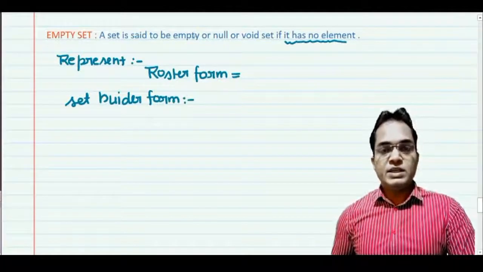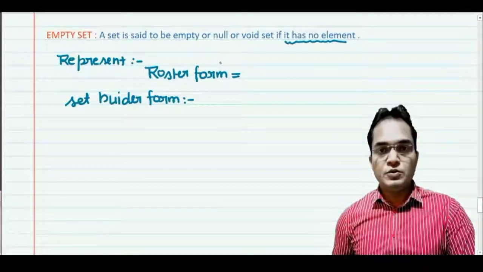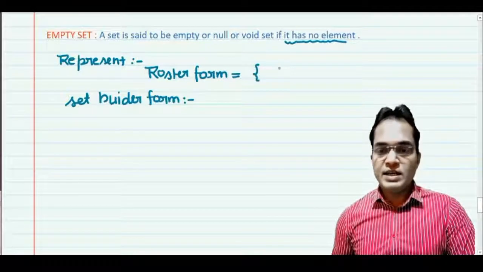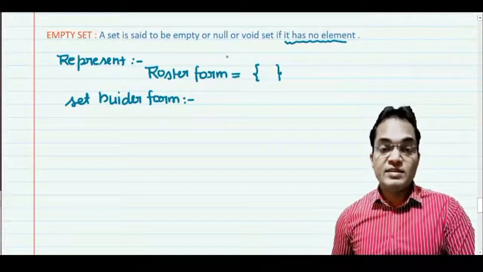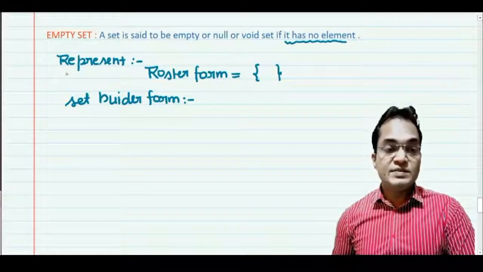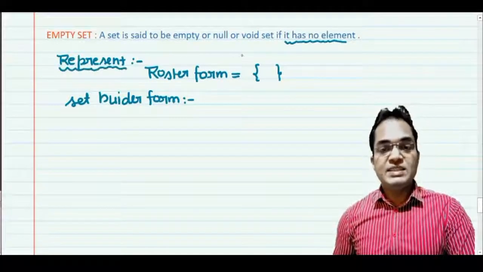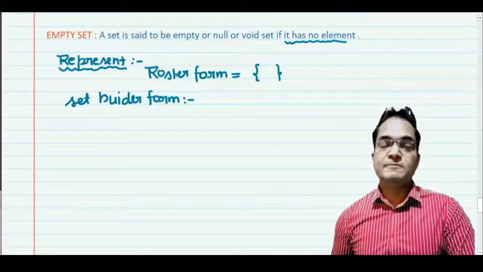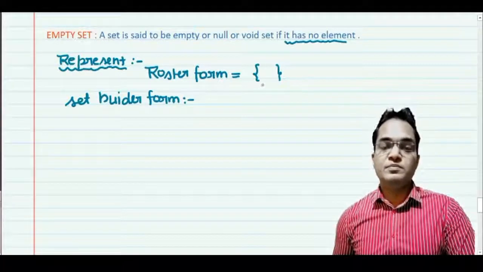First, it is confirmed that there is no element. Then how can we write the roster form? As we know, in the roster form there are curly brackets and all the elements are written separated by commas, but there is no element. Then how can we represent the empty set? The empty set is represented as it is, meaning within the curly brackets there is nothing. This is the representation of the empty set in the roster form.